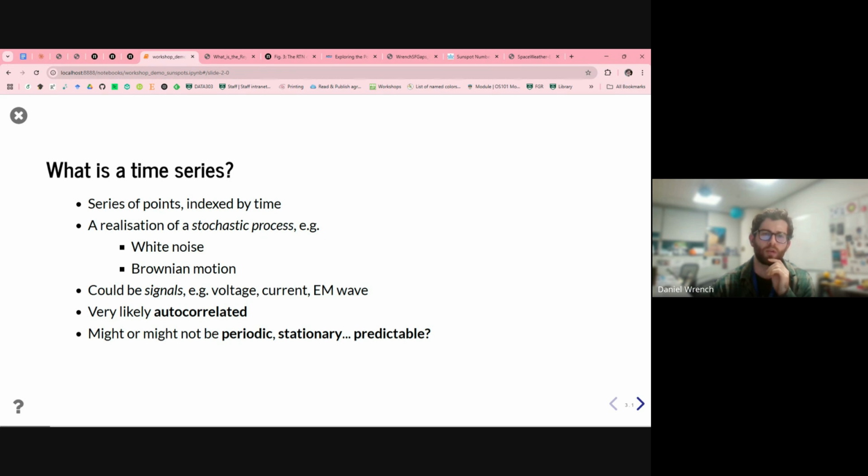But also, time series has a huge amount of overlap with the field of signal processing. A signal is a time series itself. Commonly we think of signals as being a time series of something like voltage, current, or some electromagnetic wave.